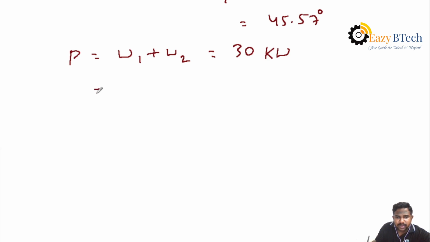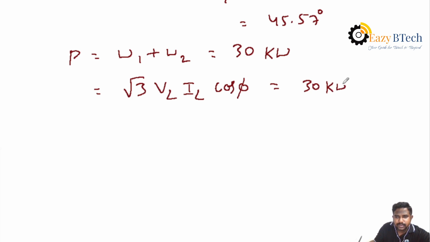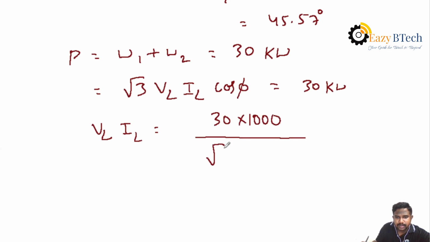We know the formula for total active power is root 3 VL IL cos phi. Equating this value to 30 kilowatts, you have to find the product VL IL, that is 30 into 1000 by root 3 into cos phi.